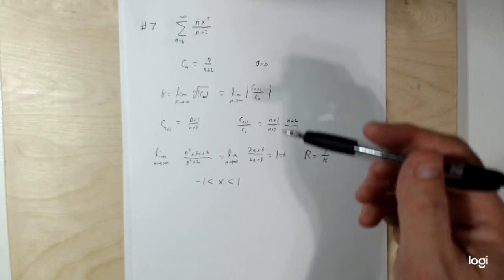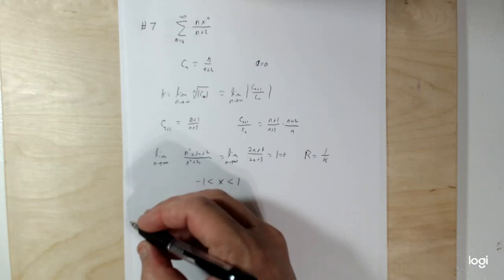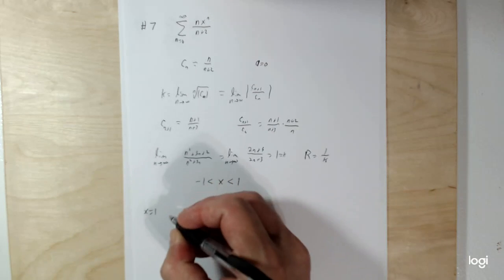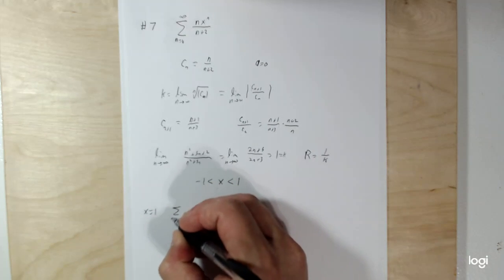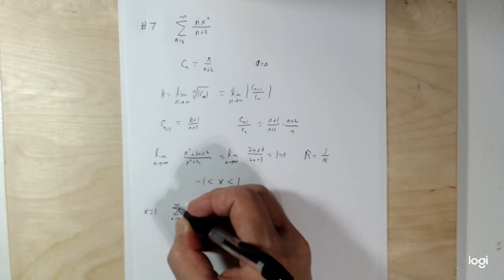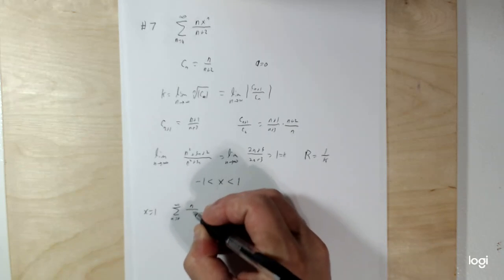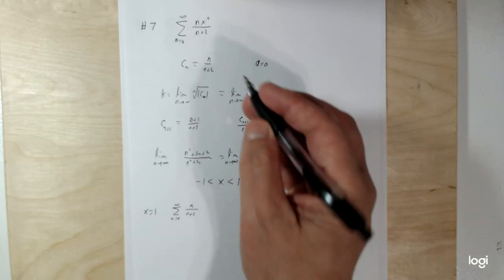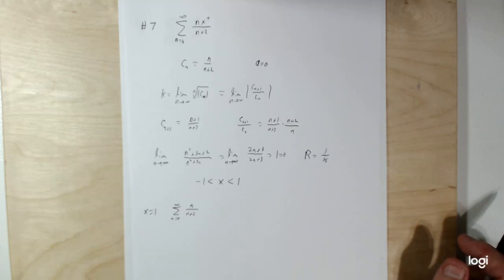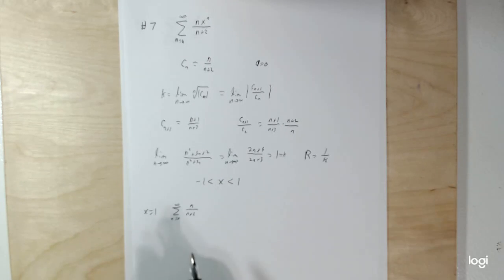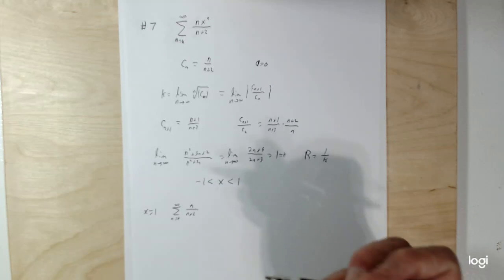Well, if x was equal to 1, we'd have the sum n equals 0 to infinity of n over n plus 2, because after all, 1 to the n is just 1. And these terms most certainly aren't going to 0, so that's going to diverge.